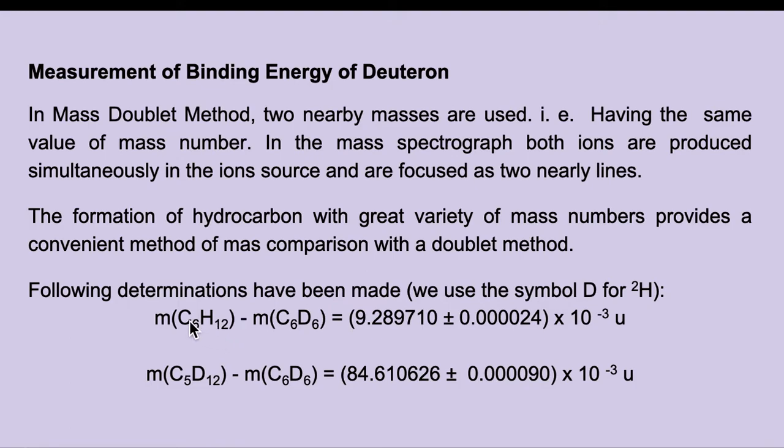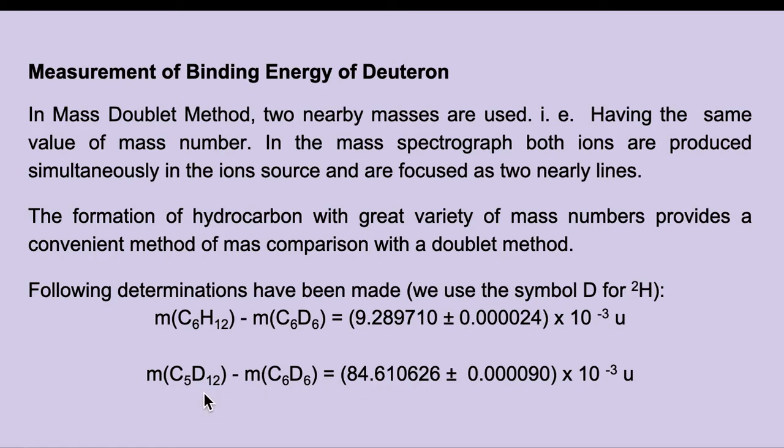So 12 plus 72 you are getting as 84. And here 12 into 6 is 72. That of D or H2 is 2, so 2 into 6 is 12. Again 12 plus 72 is 84. So this almost same mass number you have to use.